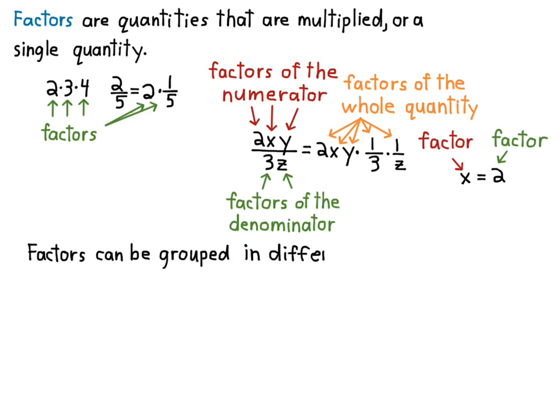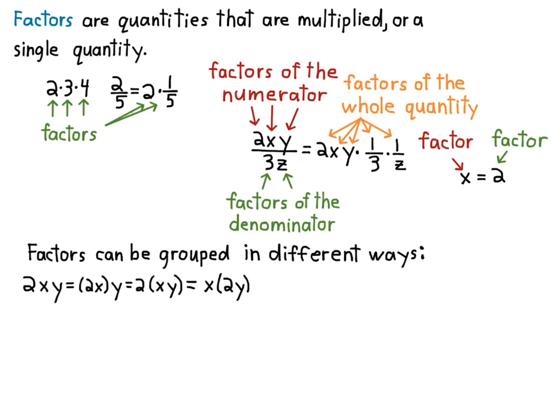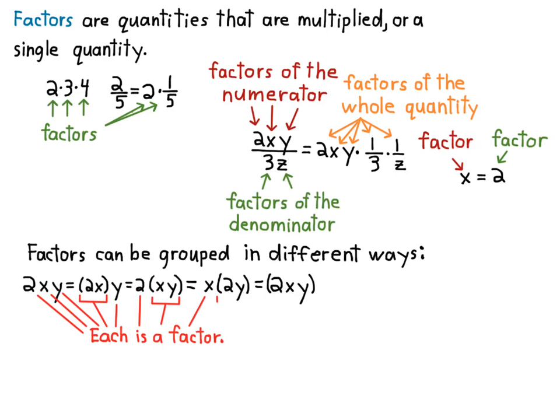Factors can be grouped in different ways, and it's important to be able to see this and to be able to do this. So if I've got 2xy, I can think of 2 and x and y as factors of that, like I did in this first one. Or I could think of 2x as one factor and y as a second factor.